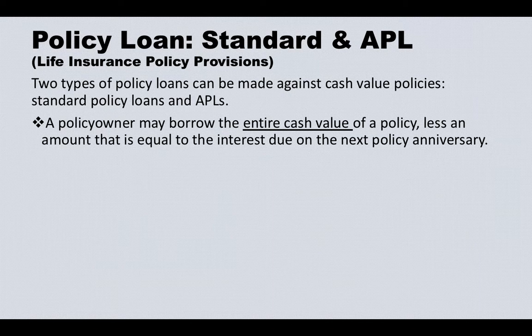Let's say it's 10% interest, so on $200,000 you have $20,000 of interest on the loan. So what you can borrow is the amount less the interest due. So you can borrow a maximum of $180,000.